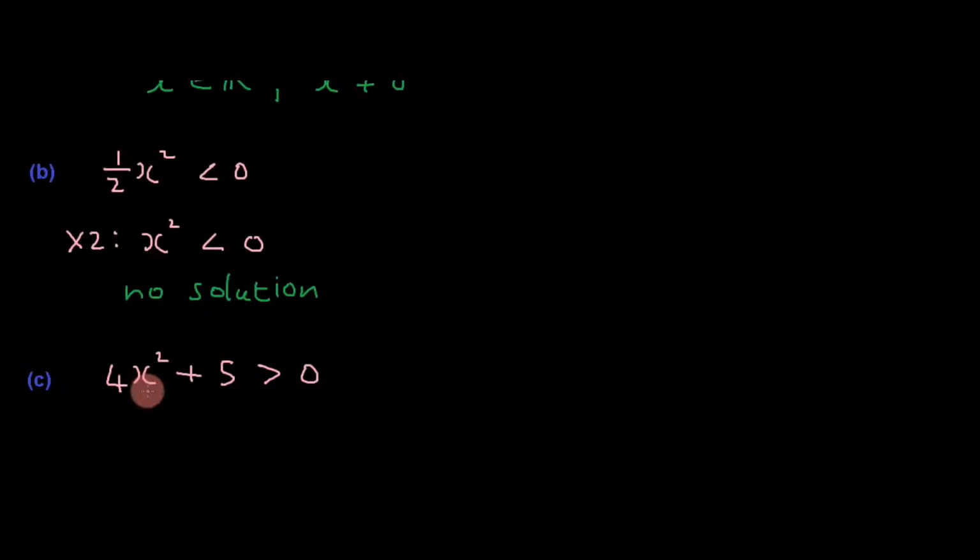So let's say x is 0, then we get 0 plus 5, which is positive. If x is either positive or negative, but not 0, then we get a positive number here plus another positive number, which is also positive.